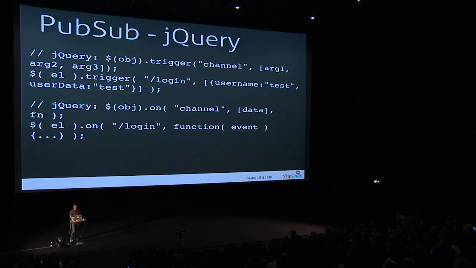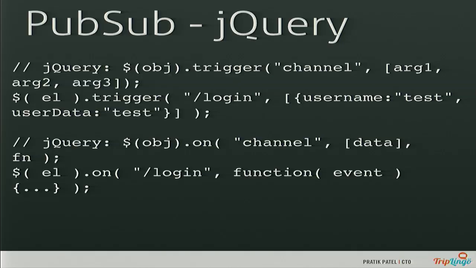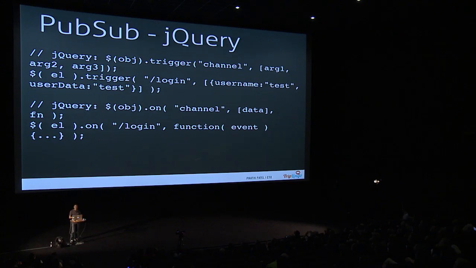And in fact, you don't even need to use something like Backbone or any framework to use pub/sub. It's actually built right into jQuery. You don't see this style a lot, but for example, on the second line there, we have element.trigger on login, here's some information, right? And then we can listen to it on the other side with element.on login, and here's the stuff that we're getting back, right?